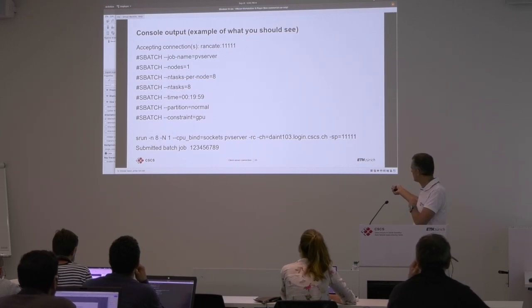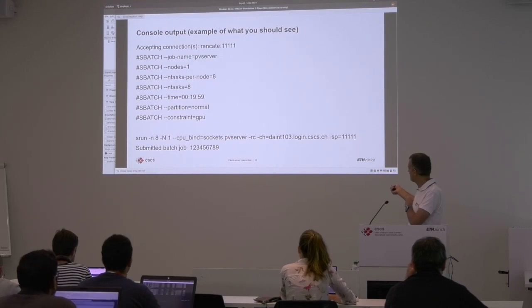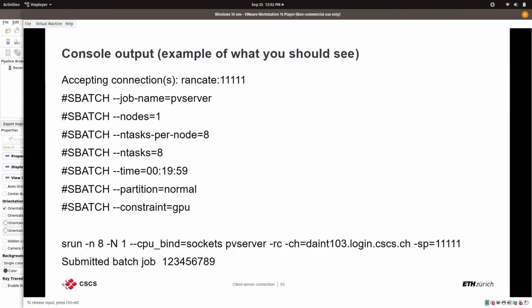The server port is 11111 by default, and that should not be changed because the whole purpose is to create an SSH tunnel from your laptop to the compute node. And that tunnel uses the default value 11111.